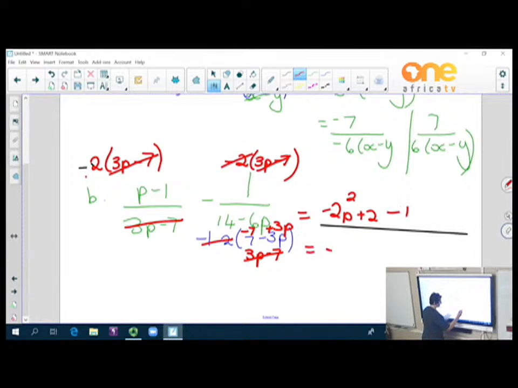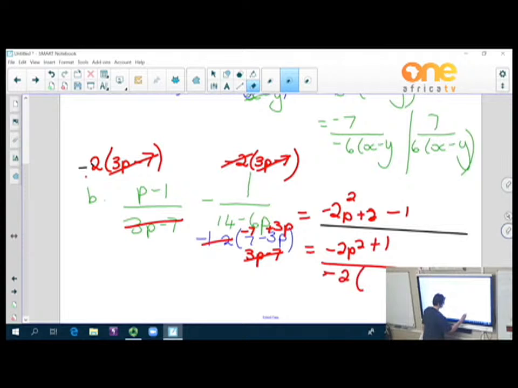So this is then negative 2p squared, that is a p plus 2, plus 2, and plus 2 minus 1 is plus 1 over negative 2, 3p minus 7.